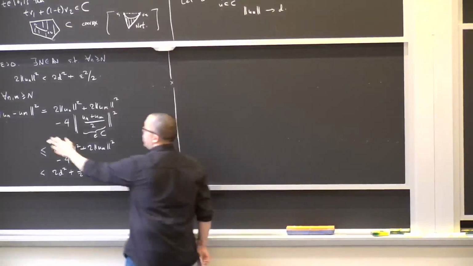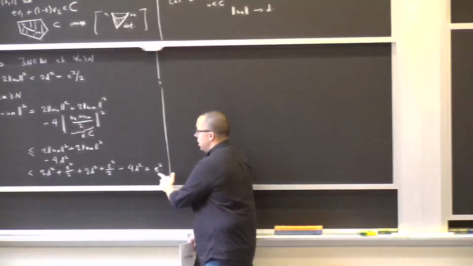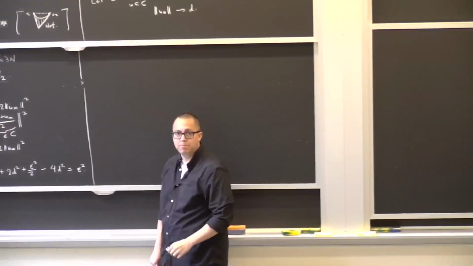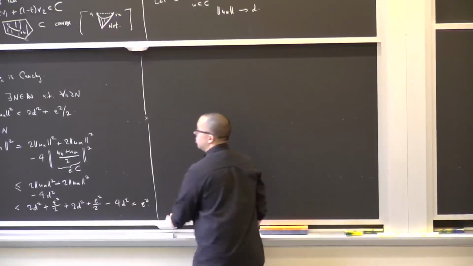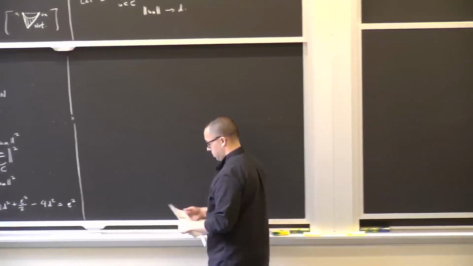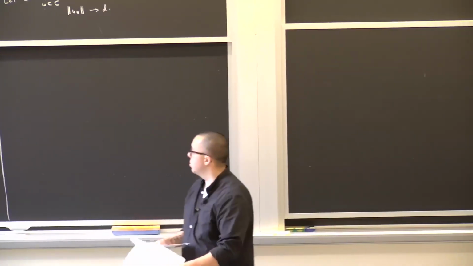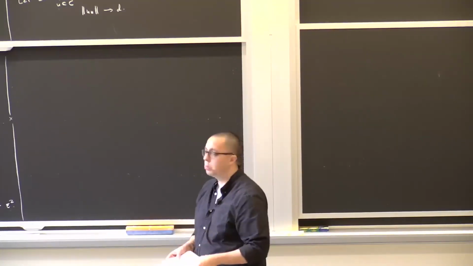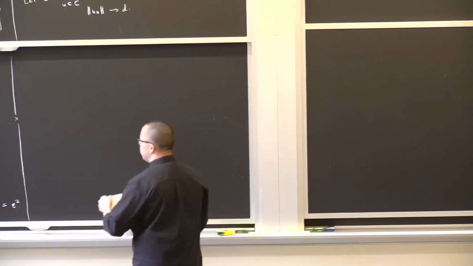So for all n, m bigger than or equal to capital N, the norm squared of un minus um is less than epsilon squared. Okay, and therefore, that proves the claim that this sequence is Cauchy. Now, since this sequence is Cauchy and we're in a Hilbert space, a complete inner product space, there's a limit.